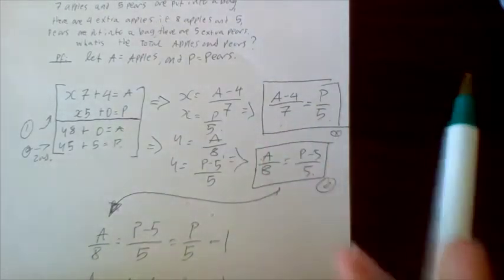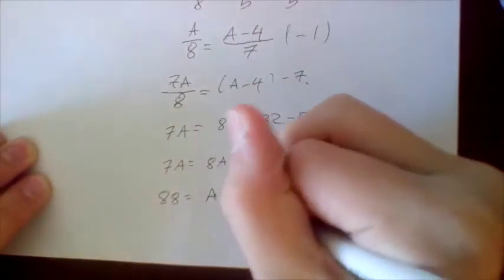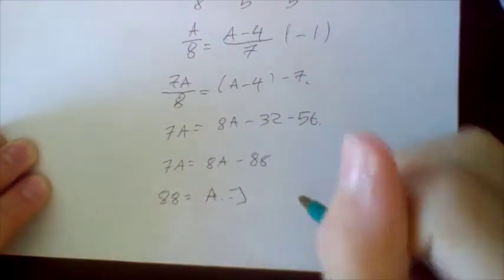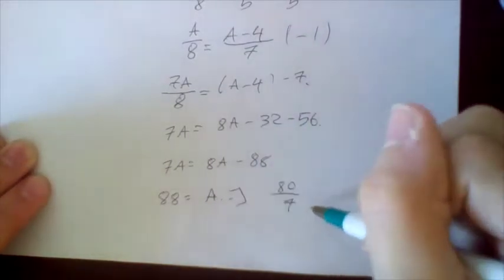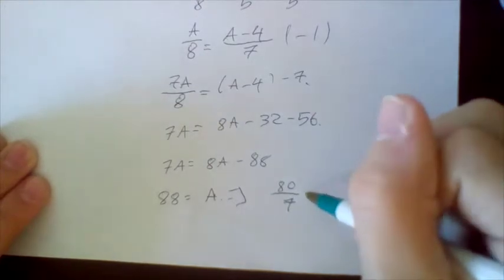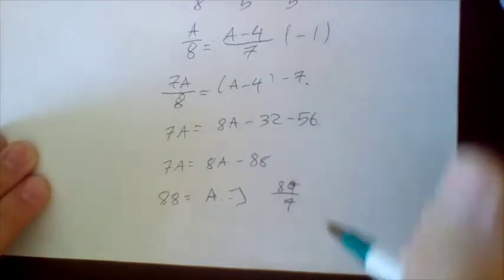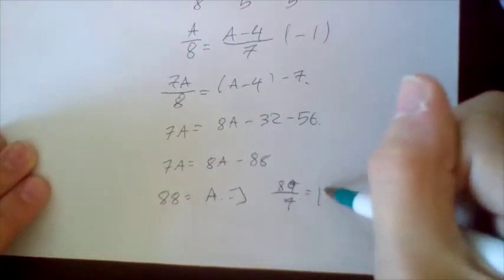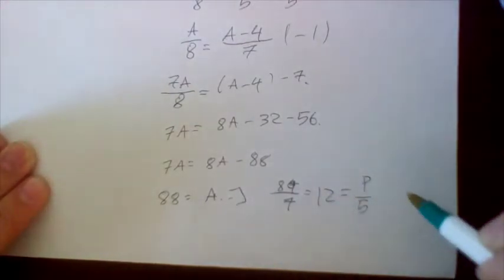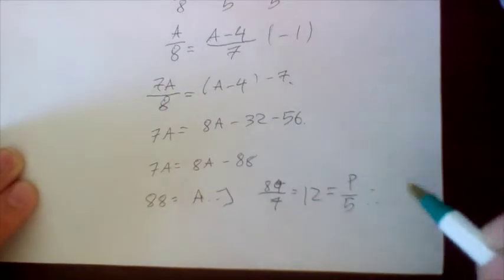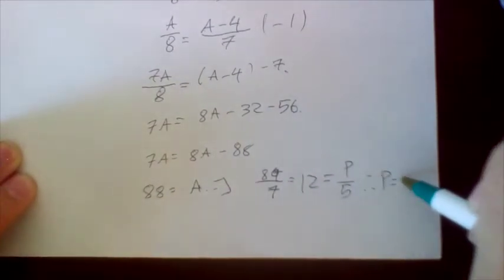We're using equation 1 to solve here, and we get that (88 minus 4) on 7, which is 84 on 7, equals 12, which is equal to P on 5. So, thus, P is equal to 60.